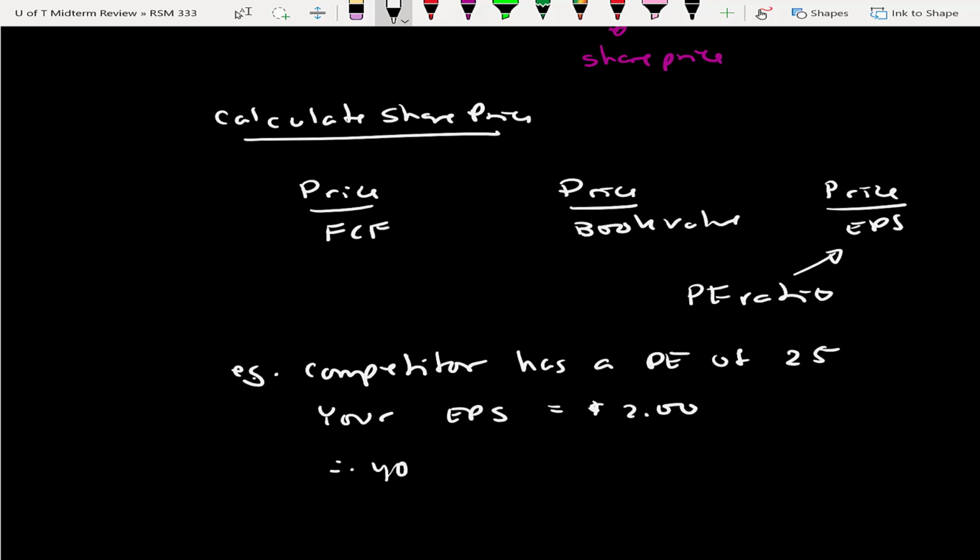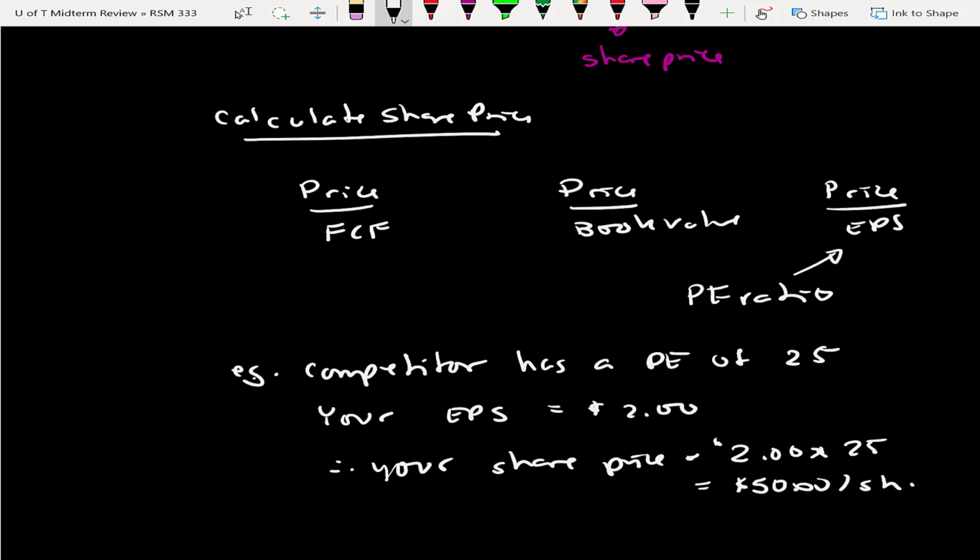Therefore, your share price would be $2 times the price earnings ratio of 25. Okay, so you should be trading at $50 per share as an estimate. So you notice in this case, we didn't have to go back out debt and do anything, because we're just calculating the share price directly. Whereas in the previous one, we were calculating the enterprise value.